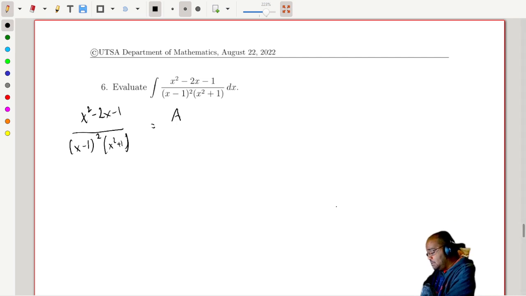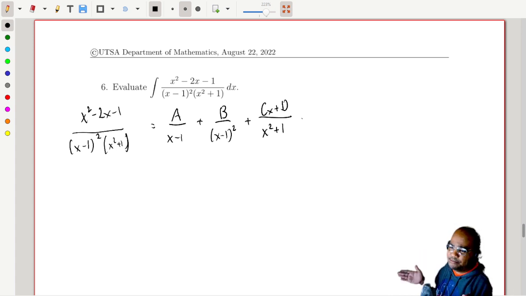So our recipe says it should be A over x minus 1 plus B over (x minus 1) squared, and then plus, with the x squared plus 1 there, I need to have Cx plus D. The numerator here is at worst linear. Okay, there's my recipe. Now we apply the method.